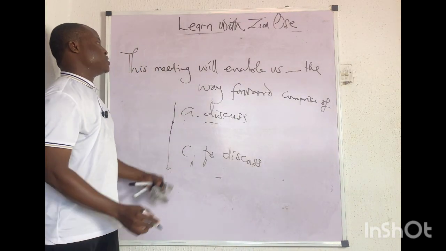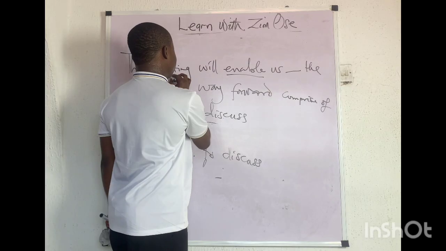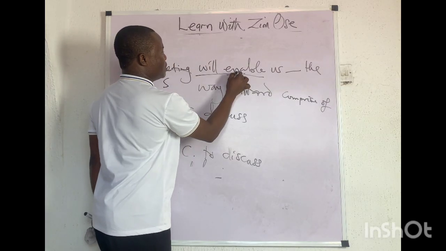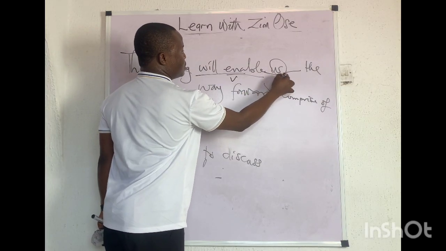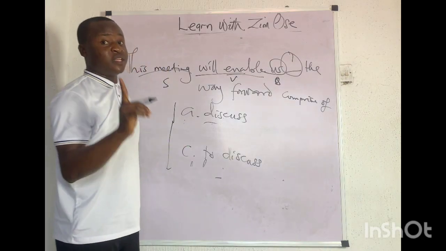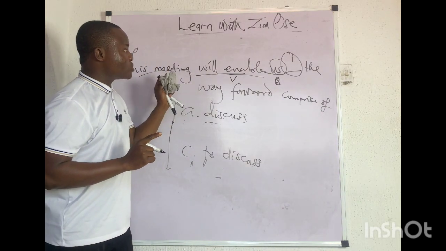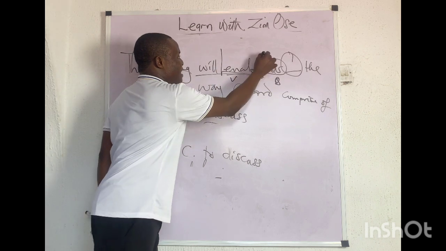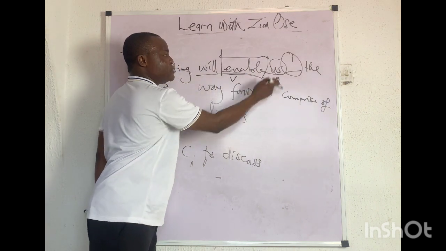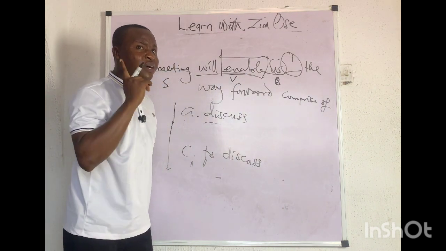Now, you would be tempted because of enable here, and then this meeting is the subject, will enable is the verb, us here is the object, then the verb that follows should be bare infinitive. Please make no mistakes. In context like this, always remember that enable as a verb is not a part of this group.